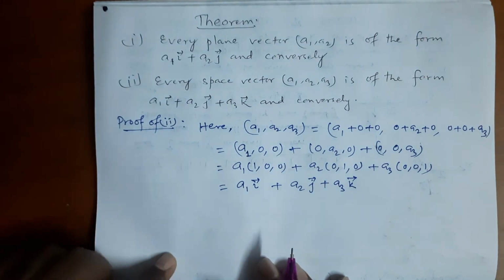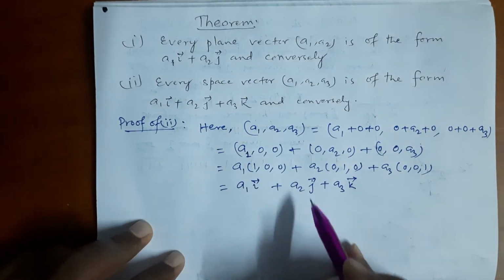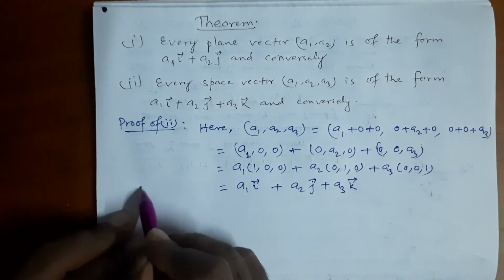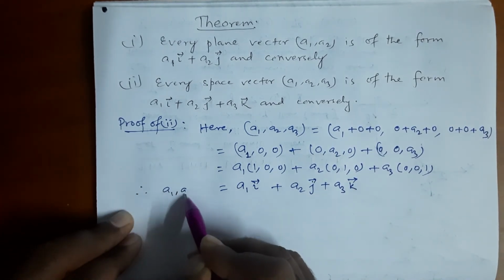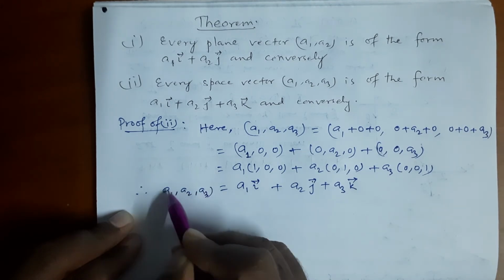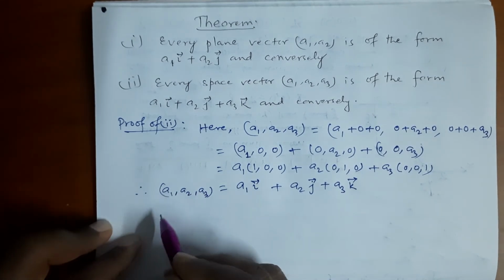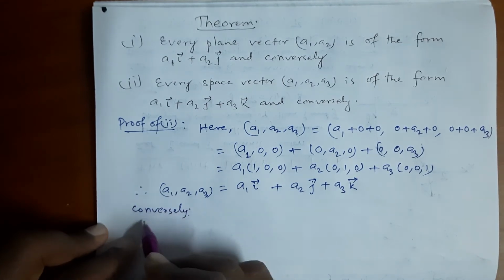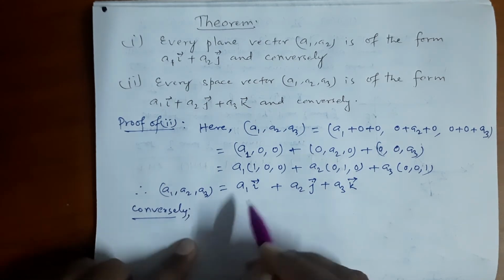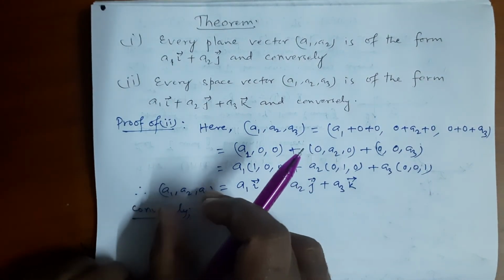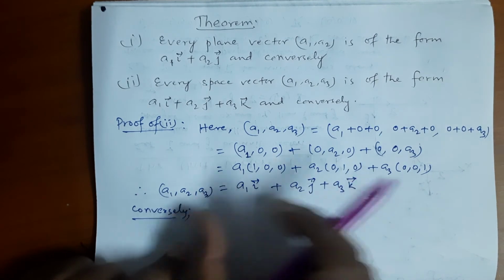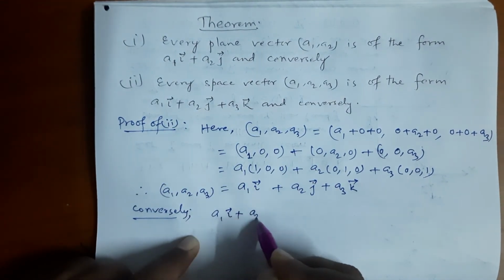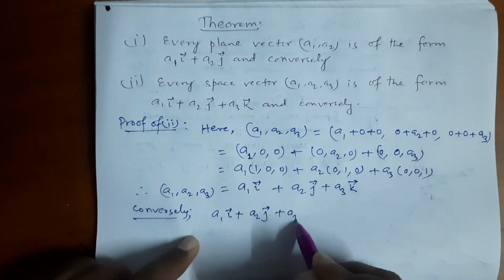Okay, in this way a1 a2 a3 equals a1i plus a2j plus a3k. Therefore a1 a2 a3 equals what we have written here. And conversely, this can also be expressed in this form: a1i plus a2j plus a3k.